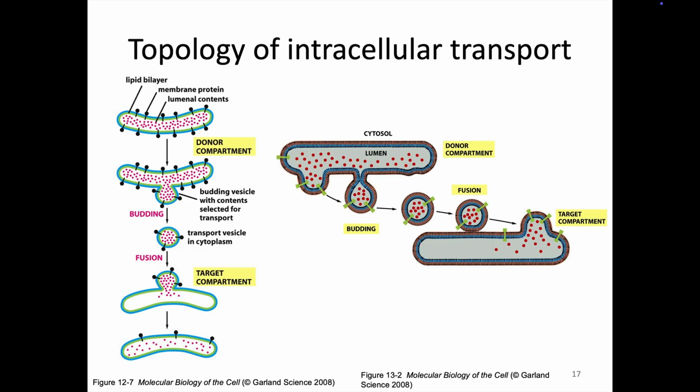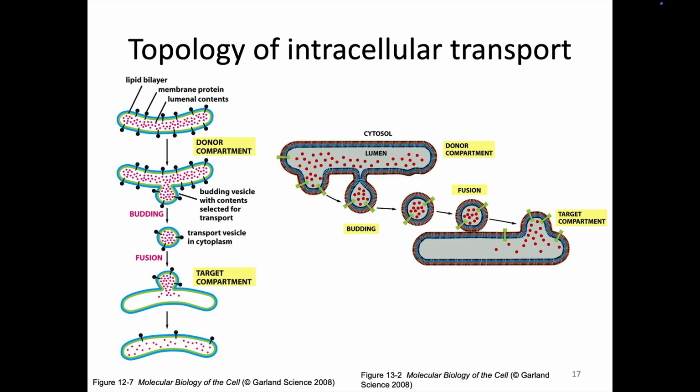The green always stayed on the inside. The green was never touching the cytoplasm. Similarly, the pink dots were away from the cytoplasm, and they stay away from the cytoplasm. They're never going to touch the cytoplasm again. Once they get into a compartment, they're in the compartment forever. They're always staying inside the compartment.